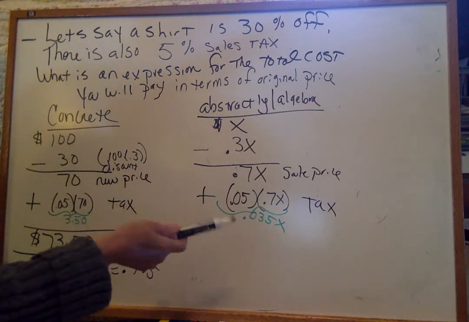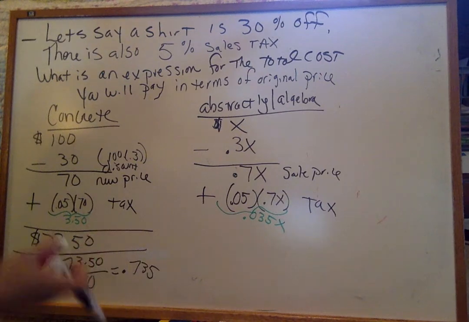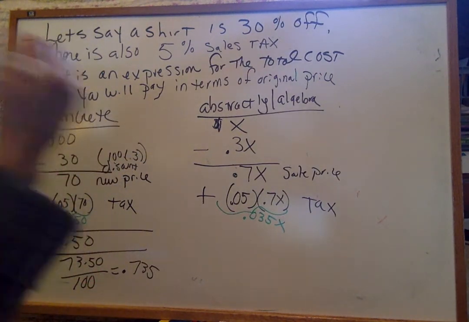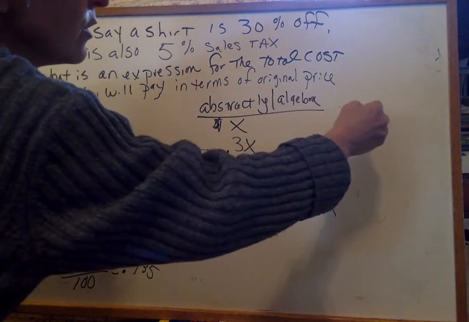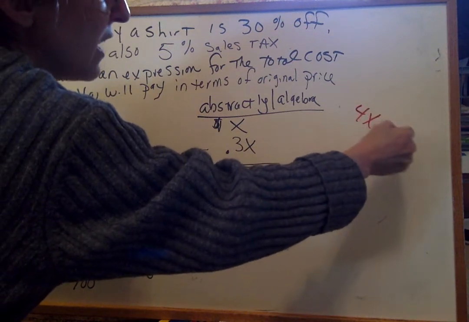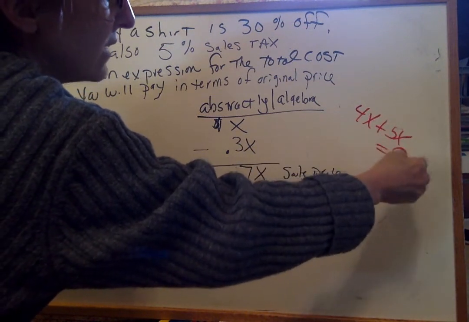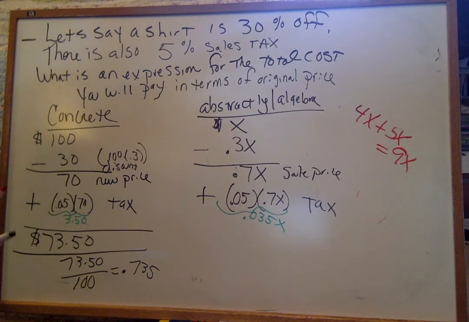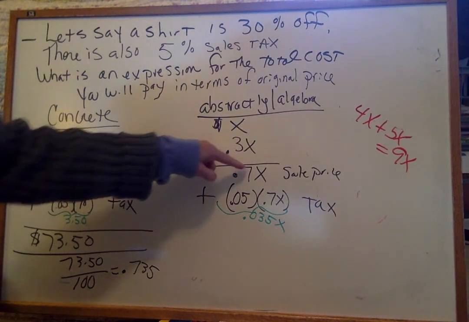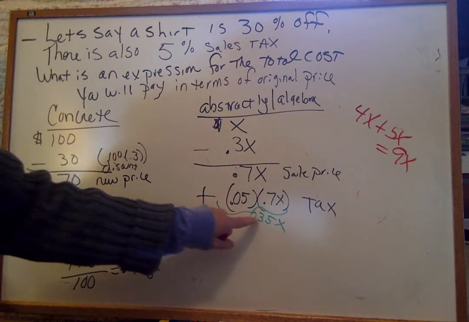Okay, so just think about your coefficients. Every now and then I get a question on this, so let me make sure we're okay. 4x plus 5x equals 9x, right? We're just adding our coefficients. So 0.7 plus 0.035.